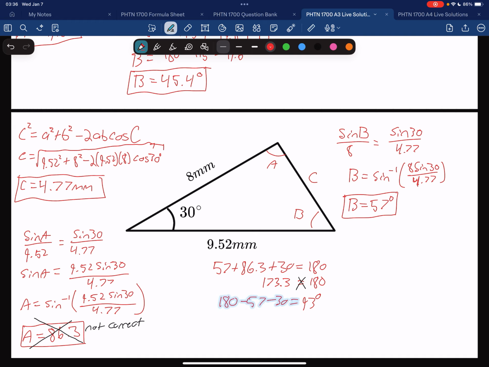So that is what angle A has to be. So we know that A has to equal 93 degrees.